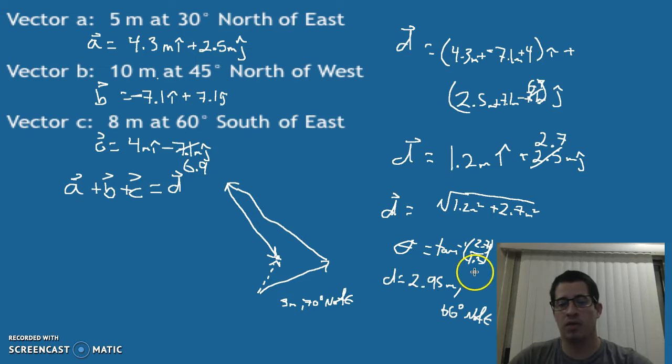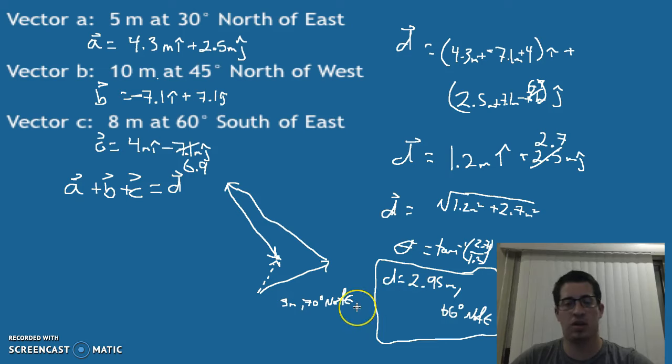Okay, and so we're going to get that vector D is about 2.95 meters, and it's 66 degrees north of east. Before we continue, I actually was really close with my estimate here. I'm pointing this out because I'm surprised at how close I was, considering, as you can see, what an awesome job I did drawing those. I promise that I did not know what that was before I drew them.